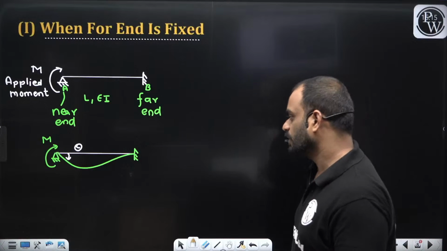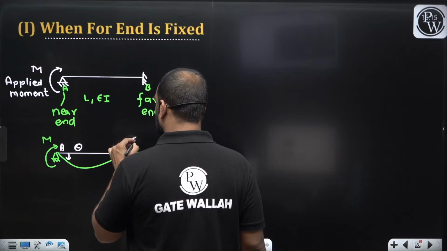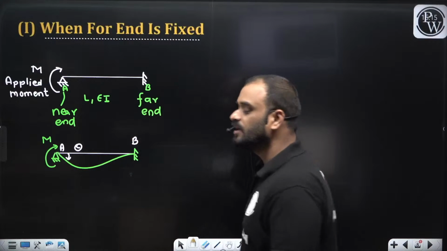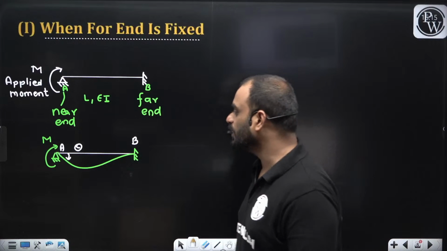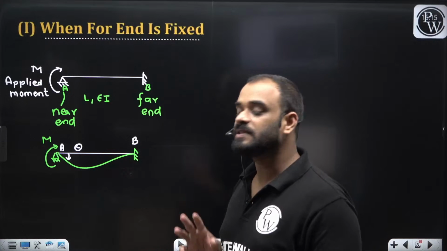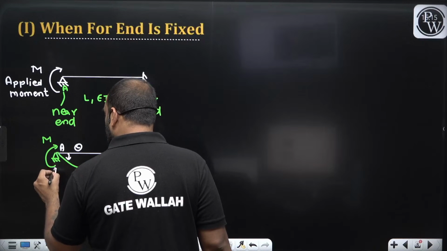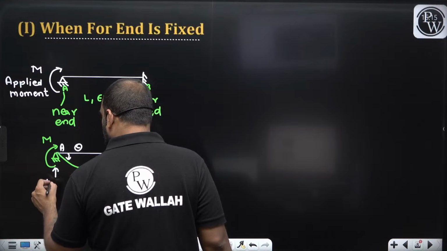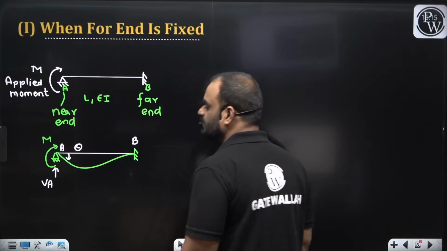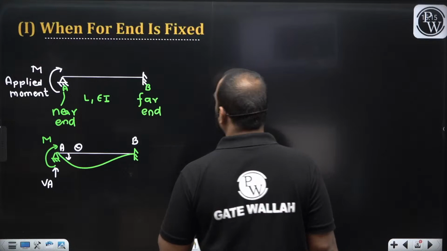Let us suppose this is A and this is B. And I need to find out the stiffness of this particular member when the far end is fixed. Clear? So guys, to find this out, we need to calculate the reaction first. What is the value of VA? Let us do this.